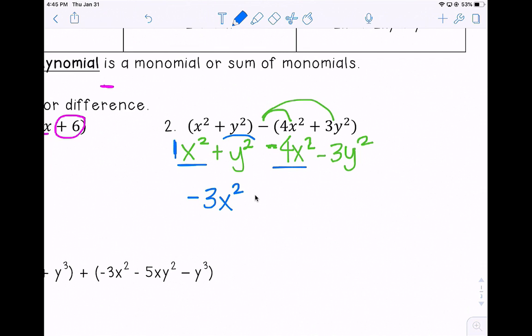And then we have a positive y squared, again that's a 1y squared, minus 3y squareds would result in 1 minus 3 would be negative 2y squared. So these are both squared, but because this one is x and this one is y, they're not like terms. So at this point, that is our final answer.